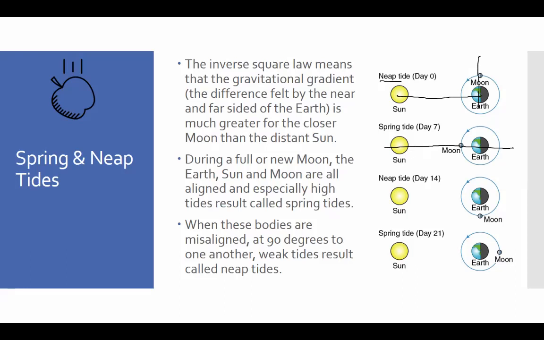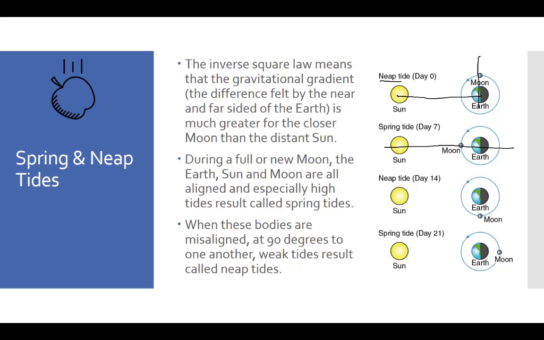In a neap tide, because the gravity isn't aligned, you end up with the weakest tidal results. And when you have a spring tide, you have the greatest tidal variance. So spring tides produce incredibly high tides, but also incredibly low tides. Whereas in neap tides, you have a much smaller differential between the two.